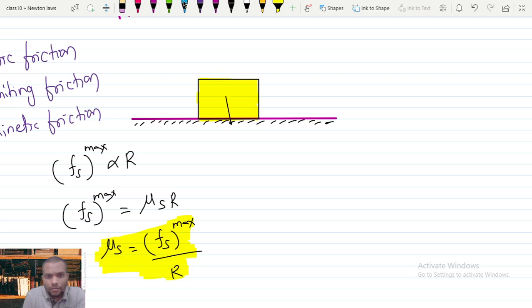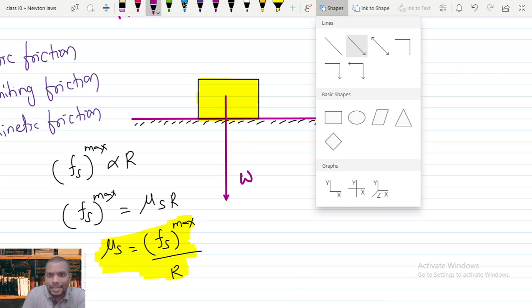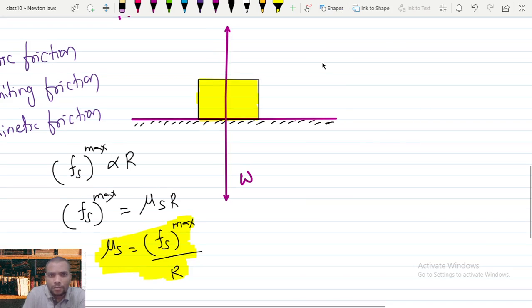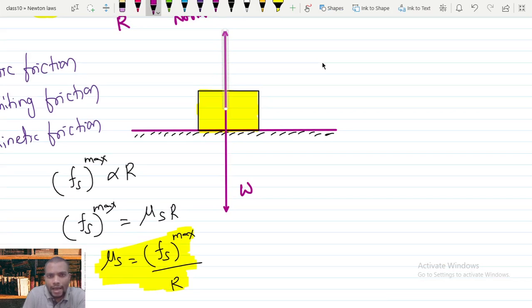If I draw the forces, the weight mg acts downward, and it is exactly counterbalanced by the opposing force, the normal reaction force R.